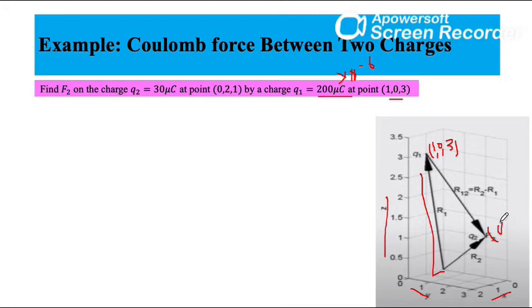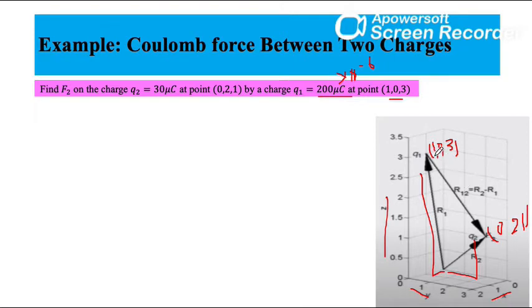The point (0, 2, 1) is in the y-z plane. You can see here that I have to move 2 units in the y direction and then 1 unit in the z direction in order to reach q2.